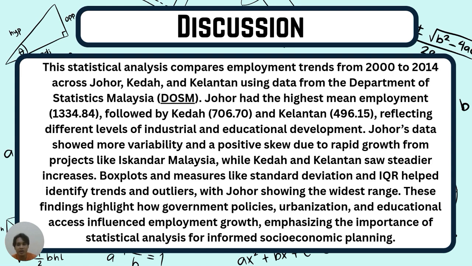There are maybe several real world factors such as urbanization and infrastructure, where Johor, being part of the Southern Economic Corridor and neighboring Singapore, benefits from better infrastructure and foreign investment. In education and skill training, maybe there is higher education access and vocational training in Johor, leading to a higher and more dynamic labor market population. Kedah and Kelantan have more rural populations and face challenges in the workforce.